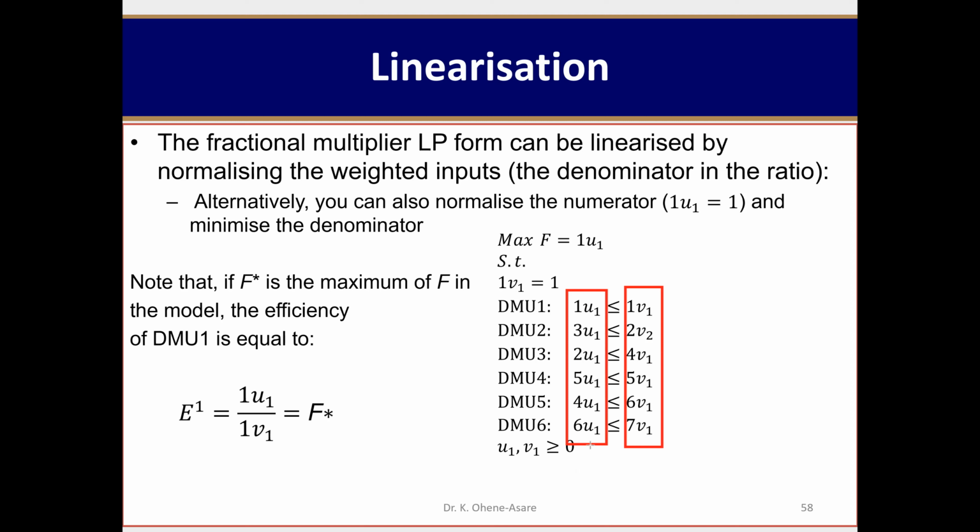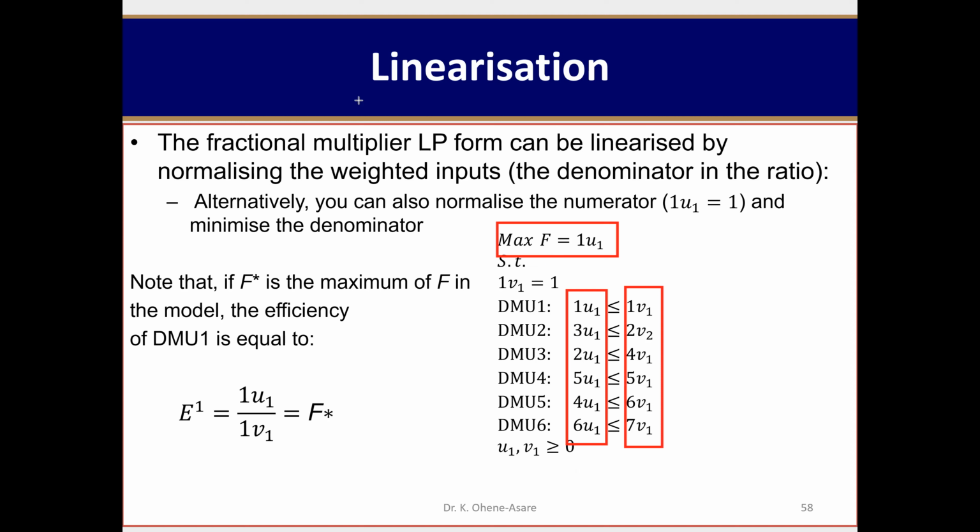If the inputs are many, you create a constraint for each one of them. Because this is a maximization in the multiplier model, when we go into the envelopment model, it will become a minimization. Now, what are we minimizing?